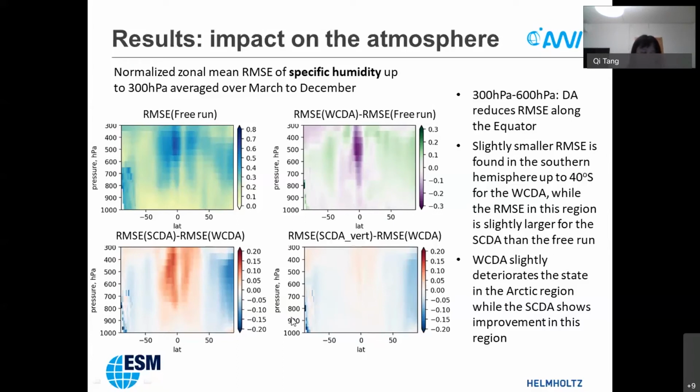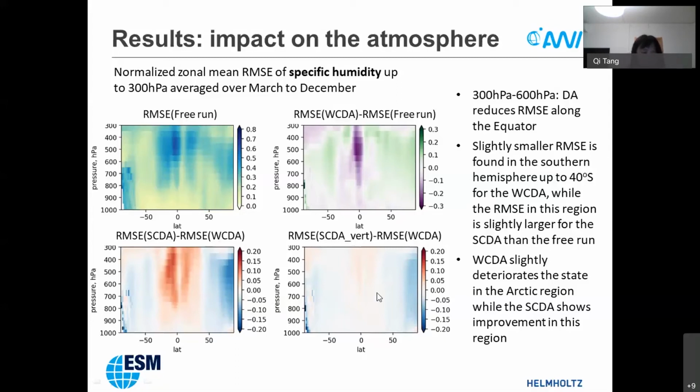And like for the temperature, the weakly coupled data assimilation somehow worsened the state in the Arctic region. But the strongly coupled data assimilation actually improves the simulation in this region.